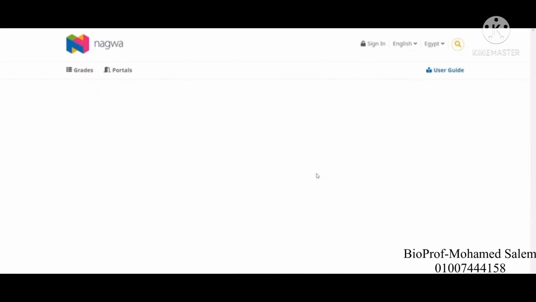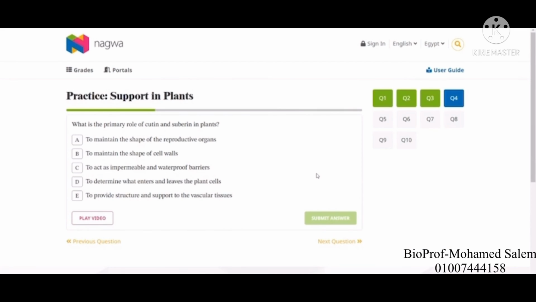Fourth question. What is the primary role of cutin and suberin in the plant? We said that they are impermeable and waterproof barriers.